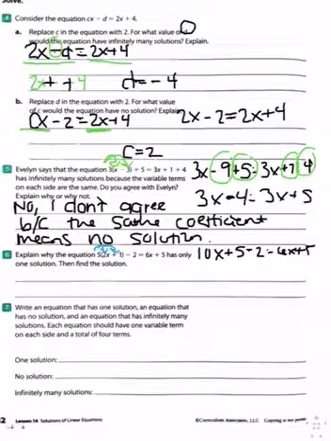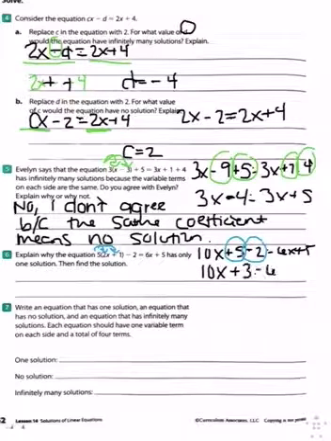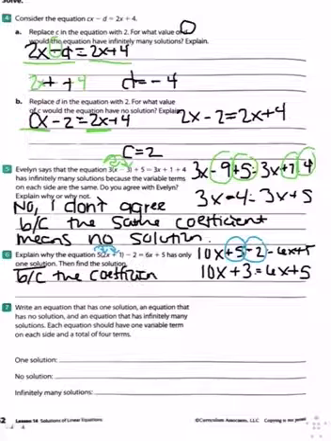I would combine my like terms, 5 minus 2, and I would get 10x plus 3 equals 6x plus 5. Now, I know it's one solution because the coefficients are different.